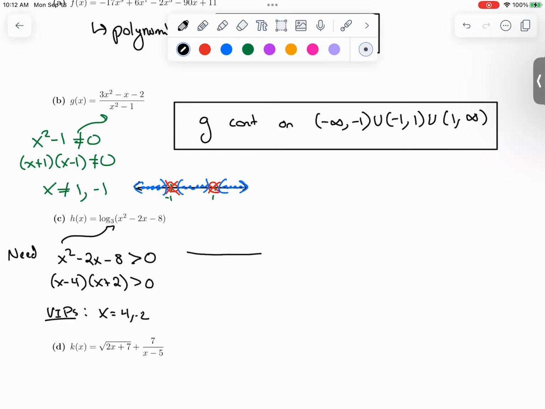So if we were to set up a number line, here is negative 2, here is 4. We'll pick some test values: x equals -3, x equals 0, and x equals 5.